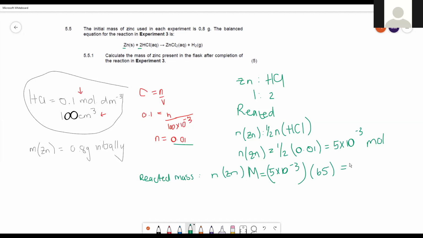And that should give you 0.325 grams. Okay, so that is the mass that reacted.